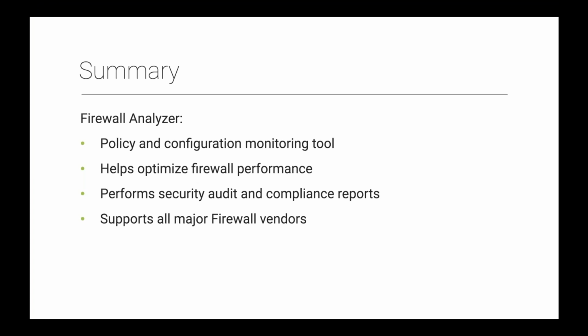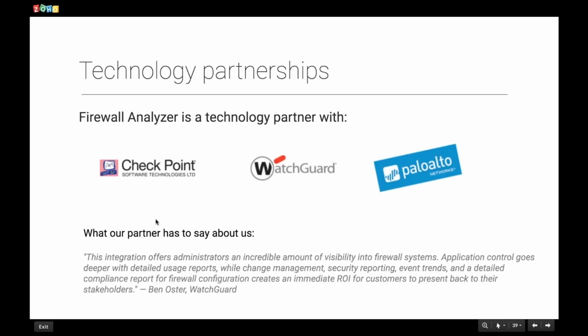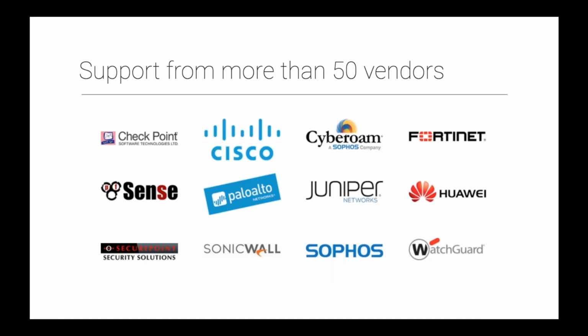Finally, Firewall Analyzer supports almost all major firewall devices. We have technology partnerships with Checkpoint, WatchGuard, and Palo Alto. And the best thing about Firewall Analyzer is that we support more than 50 firewall vendors and 200 firewall devices.